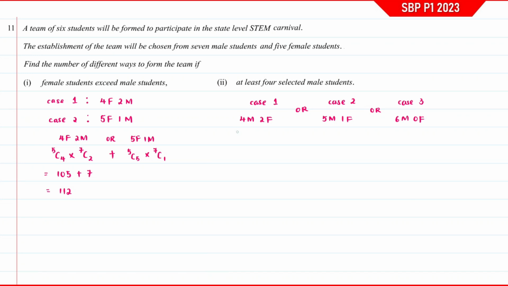So case 1 will be 7C4 times 5C2, plus case number 2, which is 7C5 times 5C1, plus case number 3, which is 7C6 times 5C0. So this is equal to 350 plus 105 plus 7, which is equal to 462.